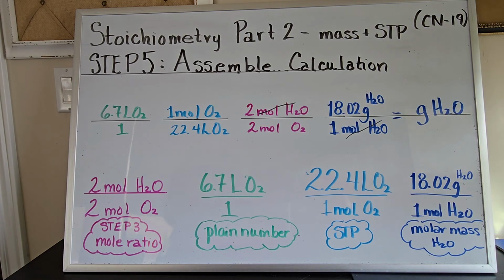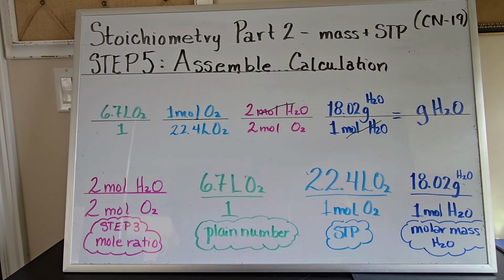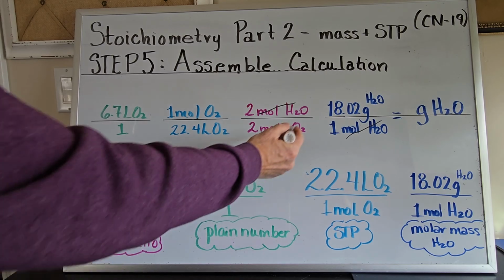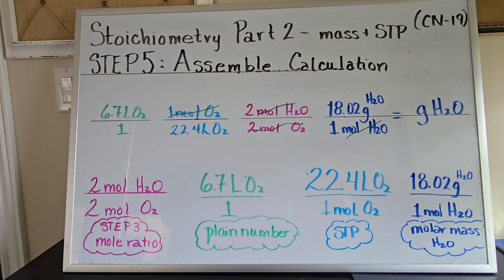I need to get rid of that unit factor. So I need to find one more unit factor that has moles of O2, this time with moles of O2 on the top. I have my STP unit factor. Now I need to flip it so that my moles of O2 are on the top, and I can now cancel out moles of O2 with moles of O2. Well, it also comes with a friend, liters of O2.